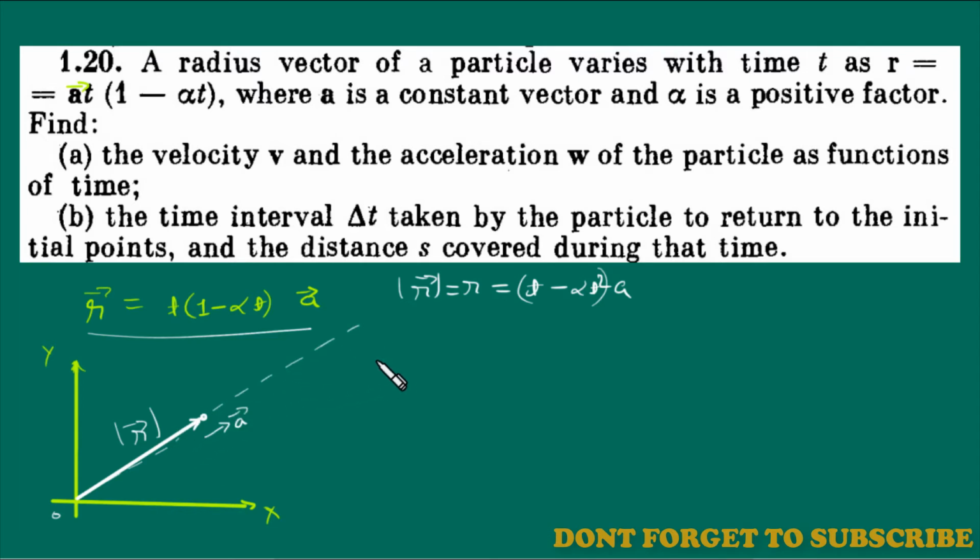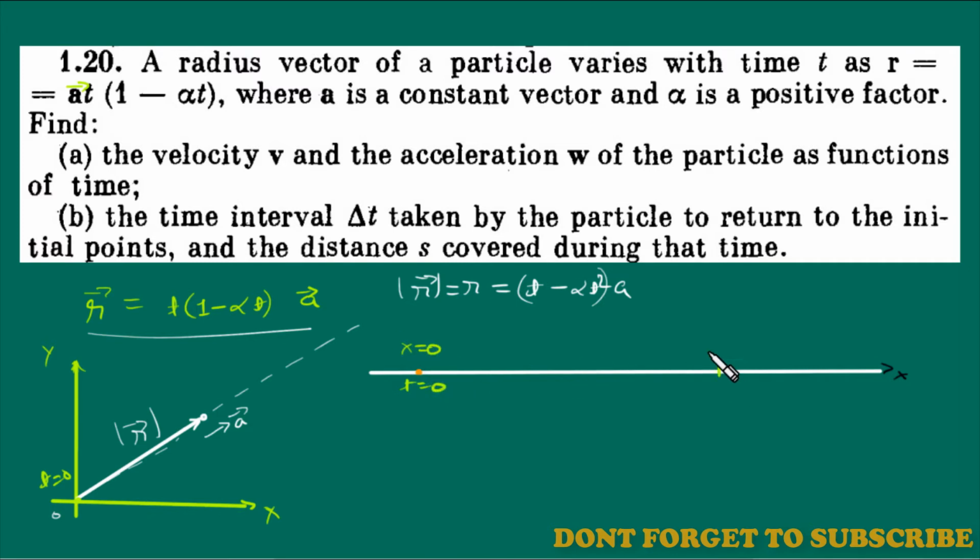Or I will just convert this question into a very easy format with which you are familiar. I will say that the particle is traveling in a straight line. Simply, the particle is moving, suppose, along the x-axis. At t = 0, if I put t = 0, then I will get the particle at origin, x = 0.